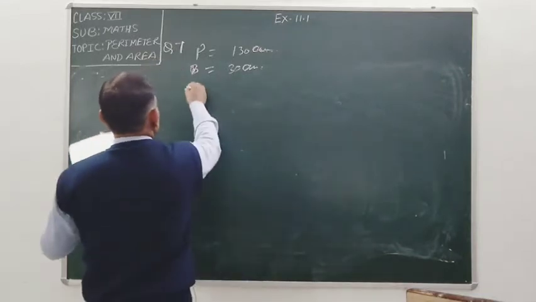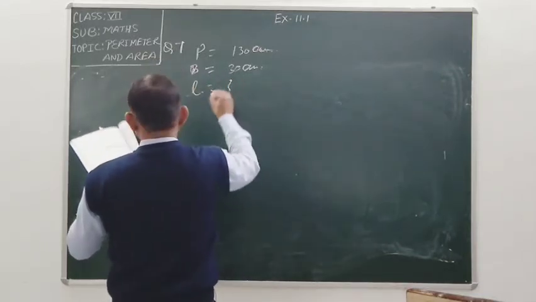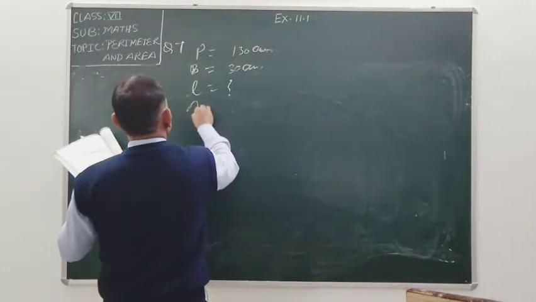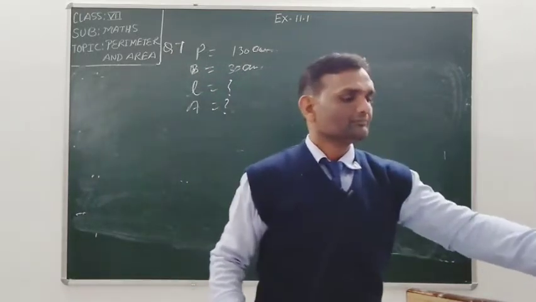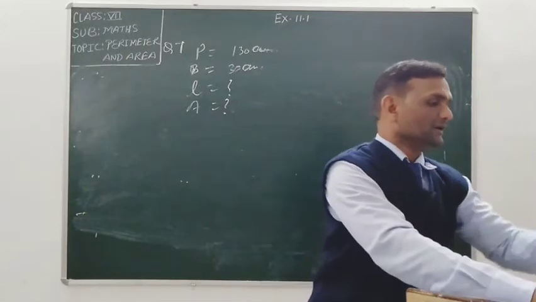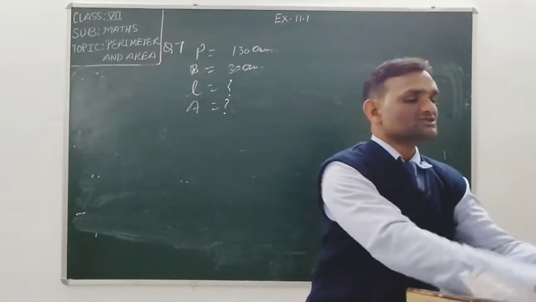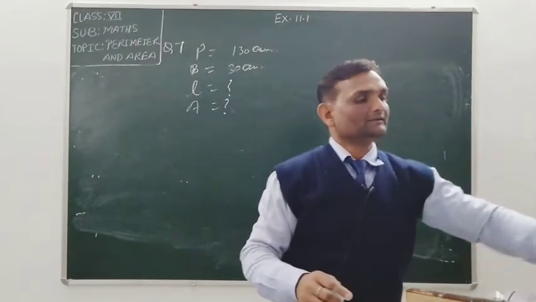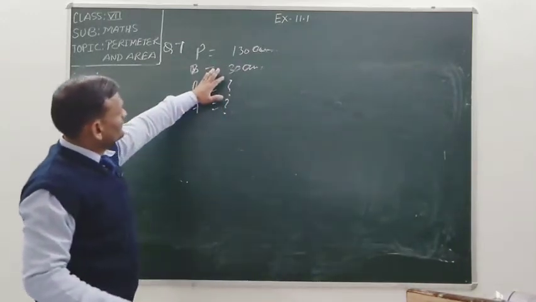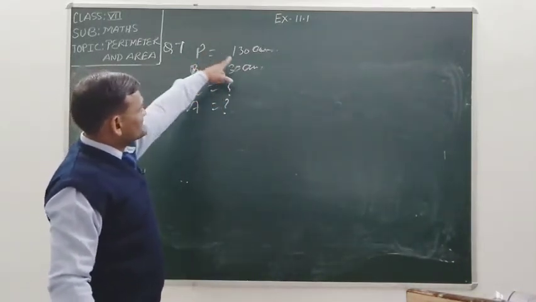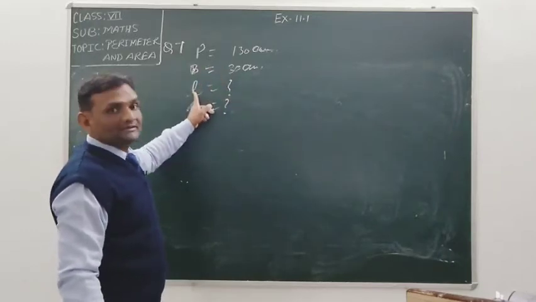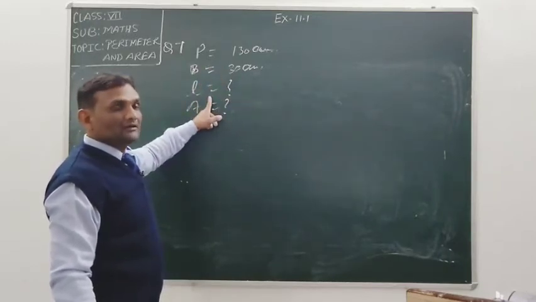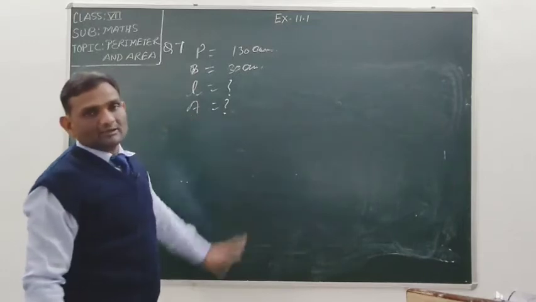Find its length. Length पूछ रहा है and area पूछ रहा है. Look here, student. Very easy question. You are seeing here that perimeter is given, breadth is given, length is asking me, and area is asking me.